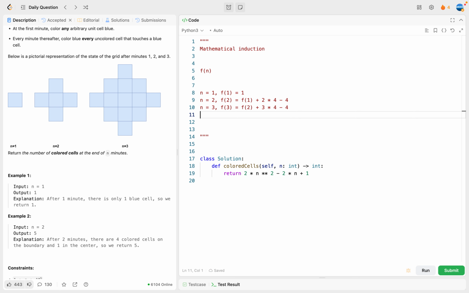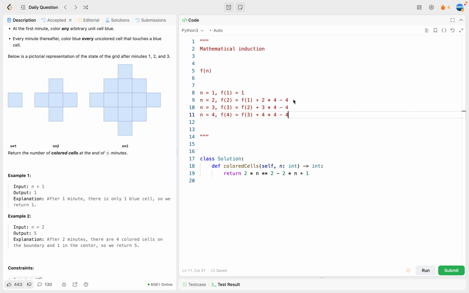In the same fashion, you can compute n equals 4. f4 will be f3 plus 4, 4, 4, 4, so 4 times 4 minus 4.